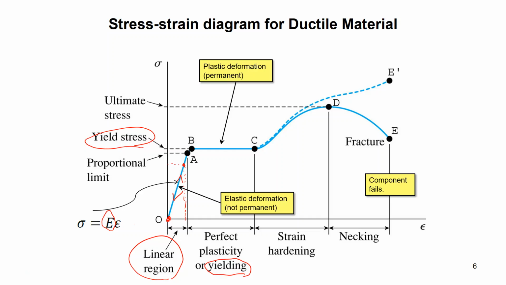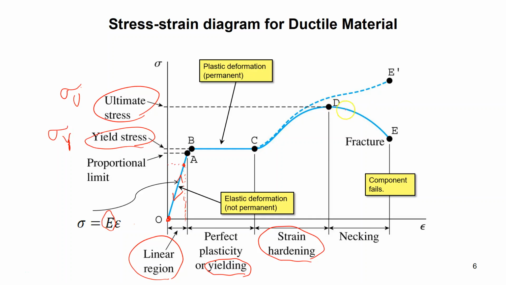Although I'm not increasing the force much, it's almost horizontal, the material yields and elongates without me pushing or pulling further. Then after that, the material starts to resist again, and this is the area I call strain hardening. So now if I want more elongation between C and D, I need more force. And the material reaches the maximum stress that it can tolerate. We call that the ultimate stress, or sigma sub u. This yield stress, we call it sigma sub y.